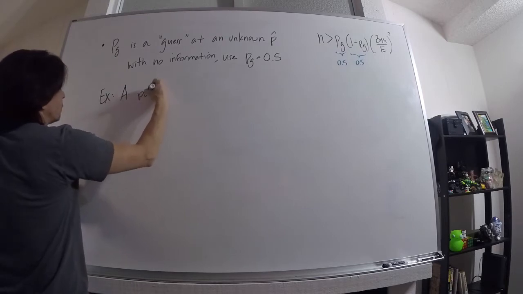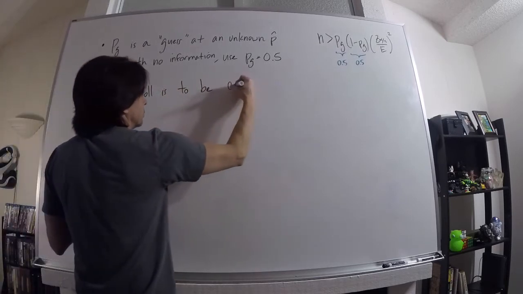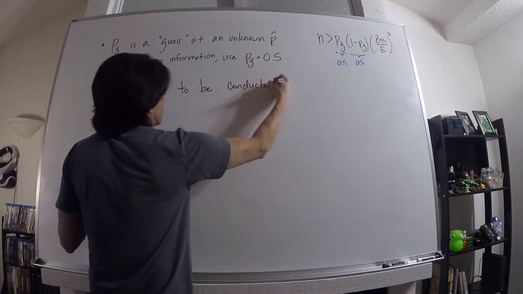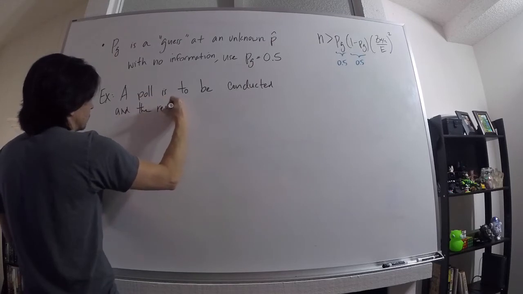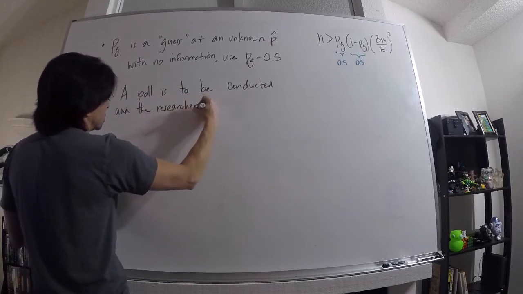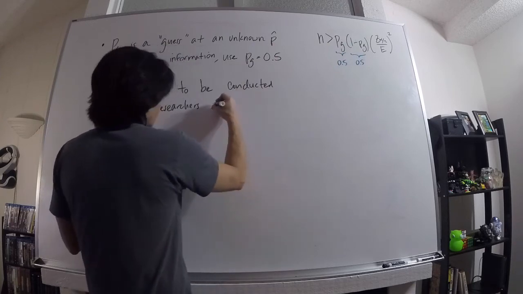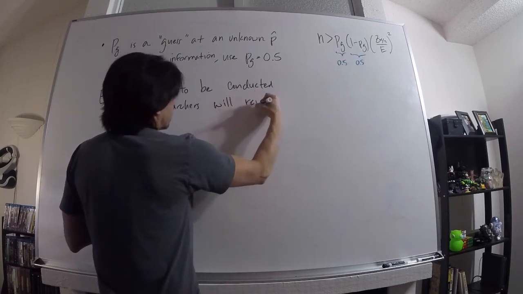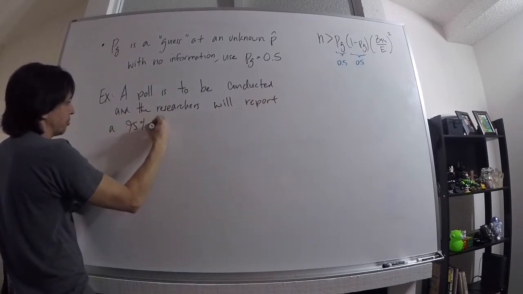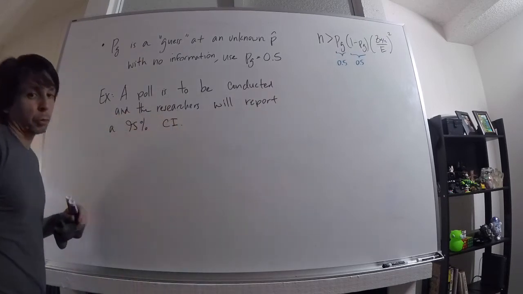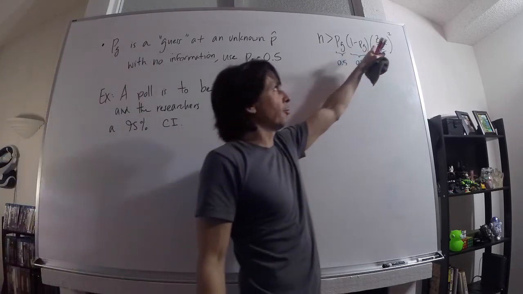A poll is to be conducted, meaning we haven't done any legwork yet, and the researchers will report the usual 95% CI, the standard one reported. That could change, and you'll have to change the Z based on that confidence level.